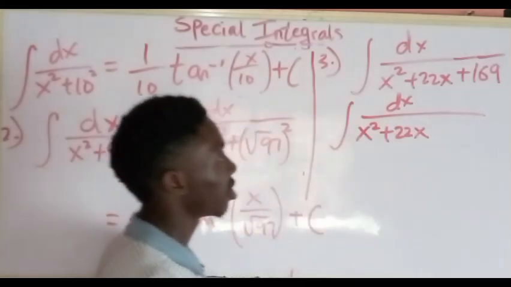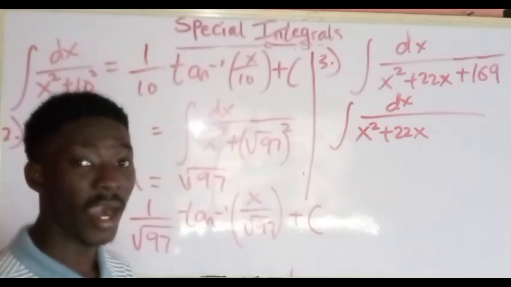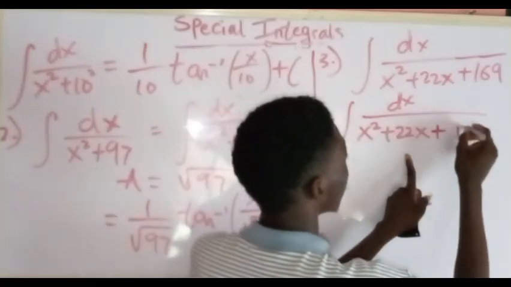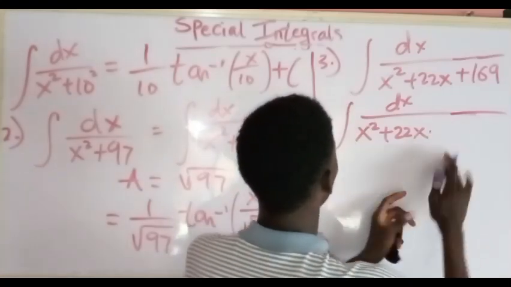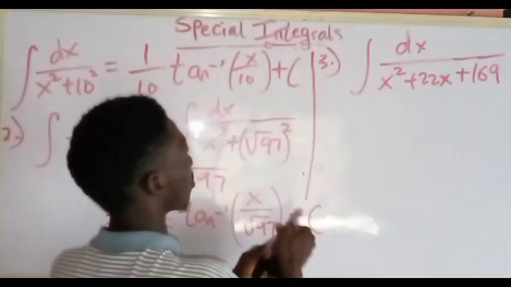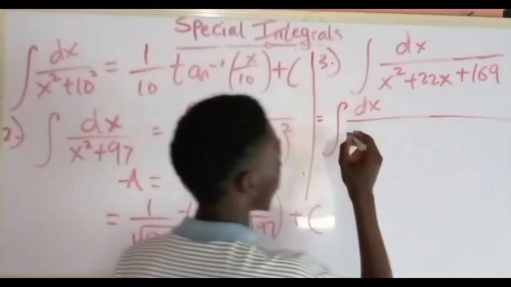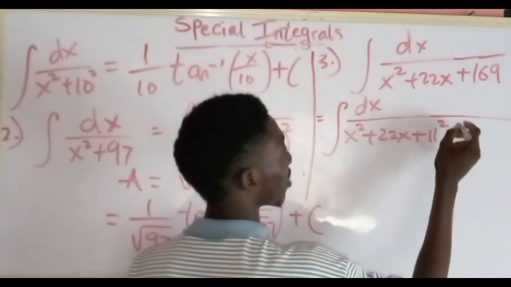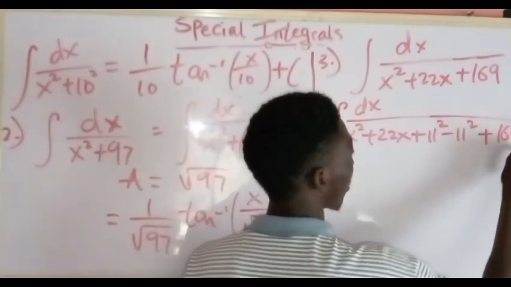Now, how do you get a perfect square? You take half of the value of b and square it. So half of 22 is 11. That is 11 squared. So I'll be shifting my writing to the left-hand side to be able to cover it. So that is x squared plus 22x plus 11 squared minus 11 squared plus 169.